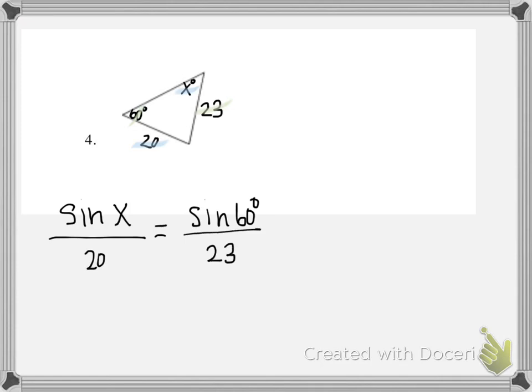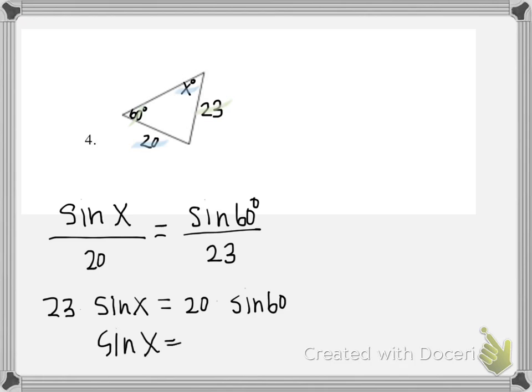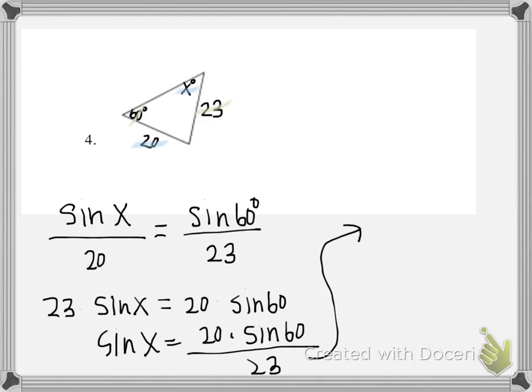Cross multiply here. You'll get 23 times sine of x is equal to 20 times sine of 60. Divide both sides by 23, so you're going to get 20 times sine of 60 over 23. Well, now we're trying to find this x here.